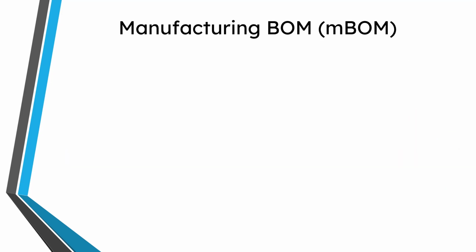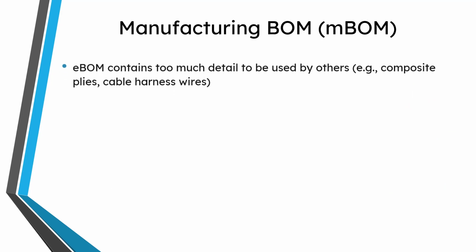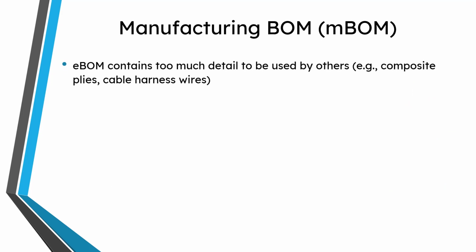Besides the eBOM, we also have the manufacturing BOM. And the reason that we have a different BOM for manufacturing compared to engineering is that the eBOM will often contain too much detail to be used by manufacturing. And we'll talk through a few different scenarios later on about why the eBOM can't be used by everybody.